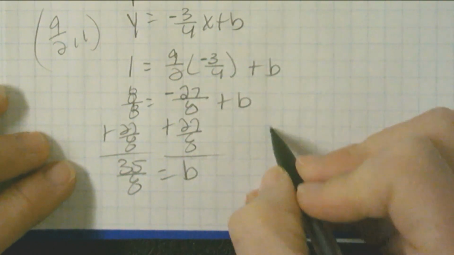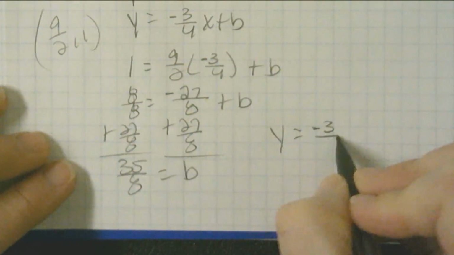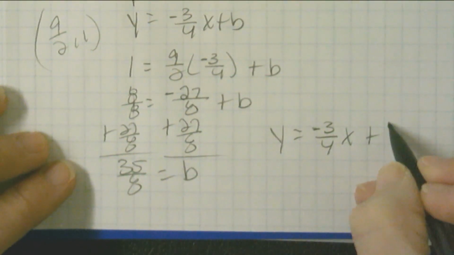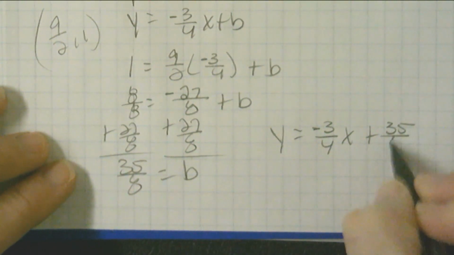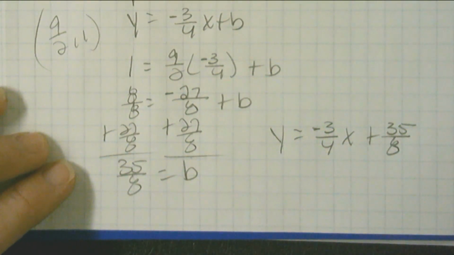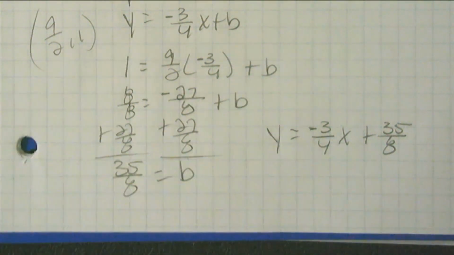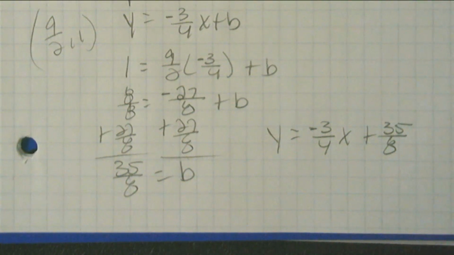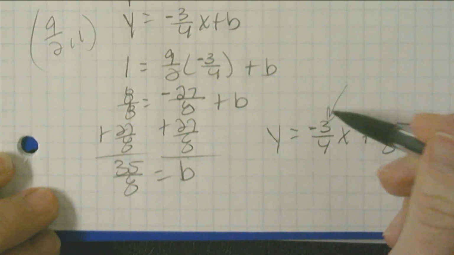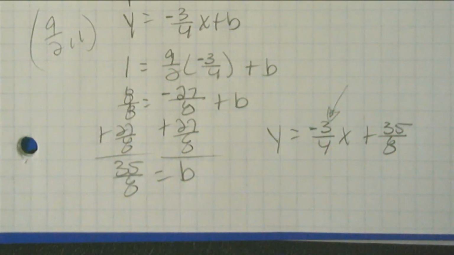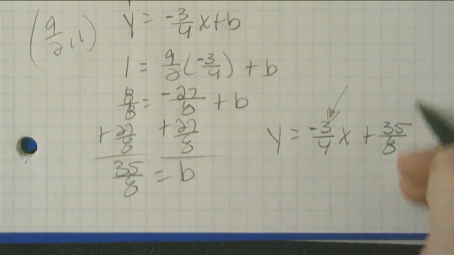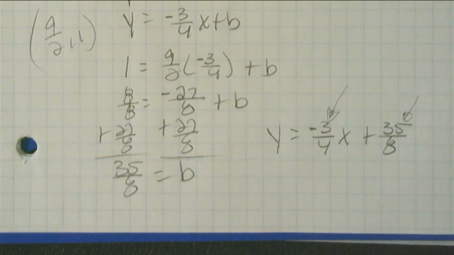All right, so I have y equals negative 3/4 x plus 35/8. I don't think I can simplify that, and that's it. So they're not always going to be really pretty. You definitely have to leave the slope as a fraction, but since our original numbers were fractions, they're both being left as a fraction.